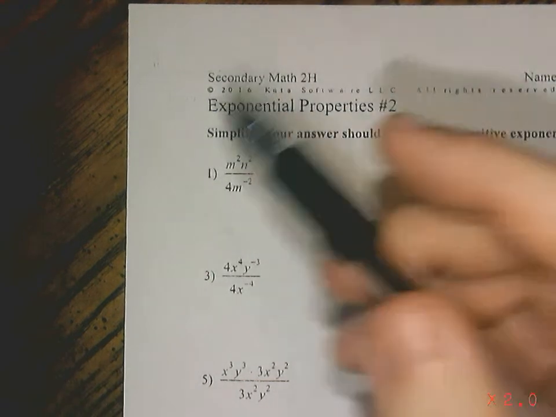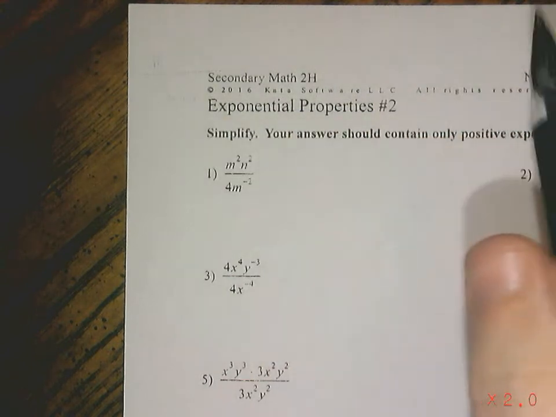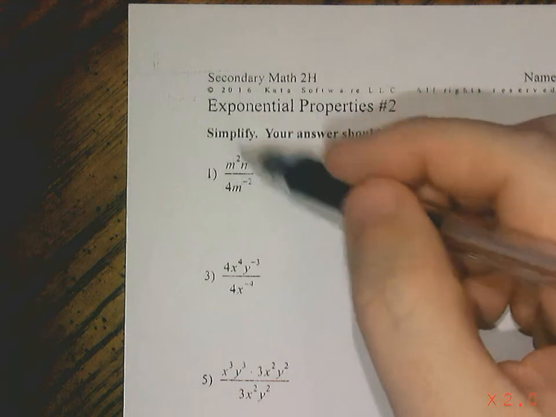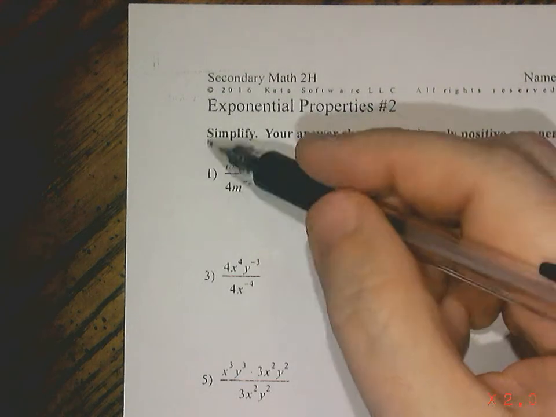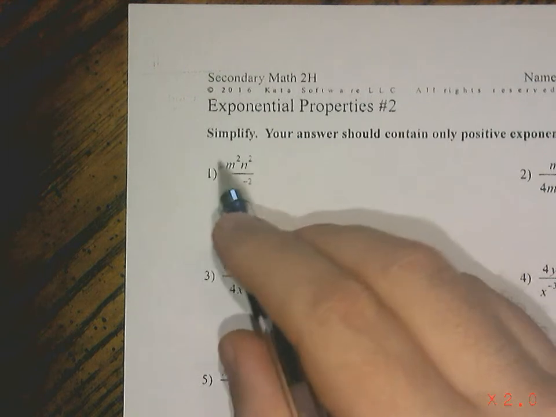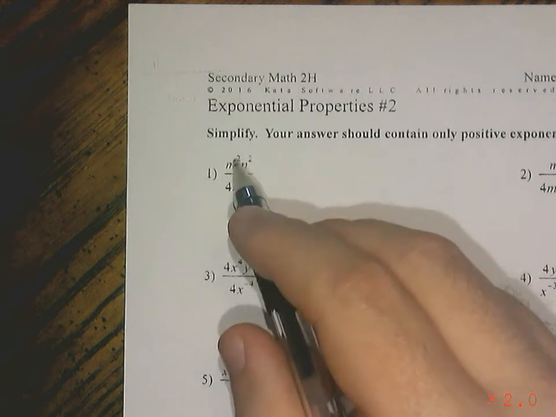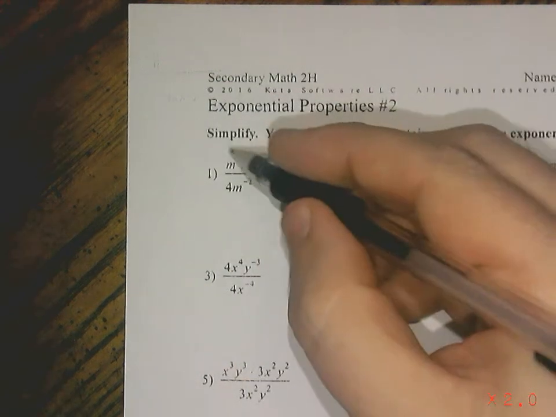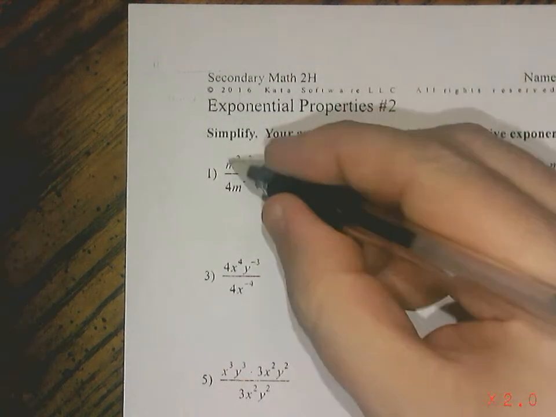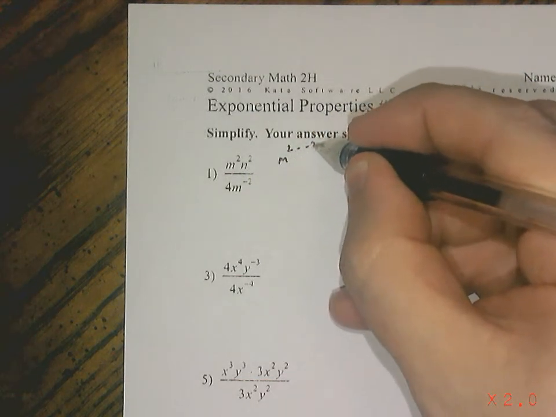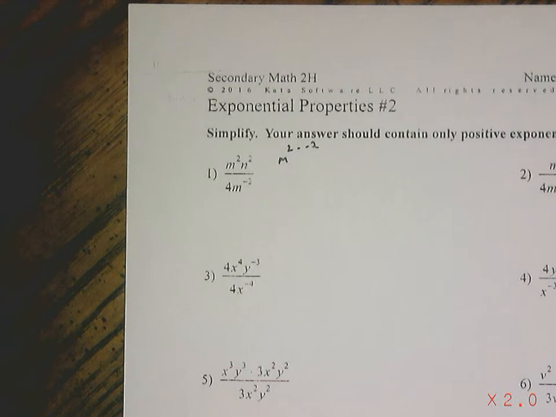It's kind of a mess of a problem, but we have m with another base down here. So I could do a dividing. I can't multiply these because they're not the same base, so I can't simplify on top. This 4 doesn't have anything, so the only thing I can do is combine these m's. Since it's dividing, it would be m to the 2 minus a negative 2, which would become positive 4, right?